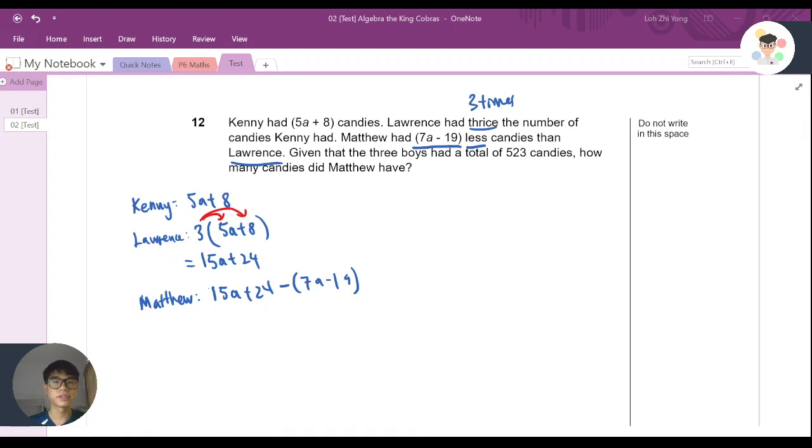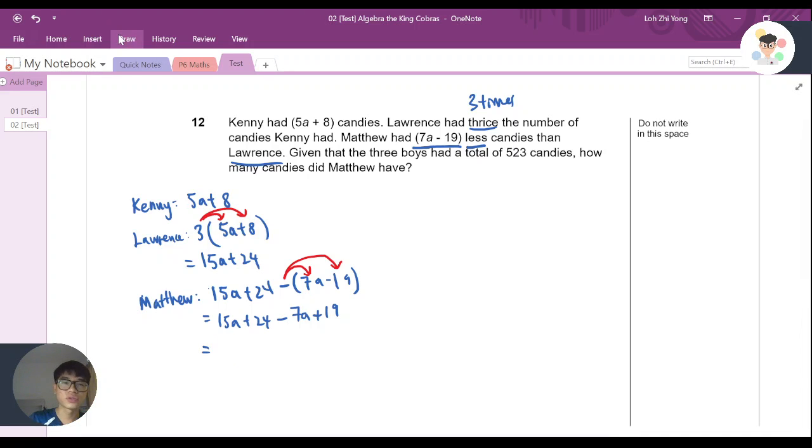But the problem is when you simplify it. A lot of you forget that this minus should go into 7a and go into negative 19, then it should be plus 19 instead. So it should be 15a plus 24 minus 7a, and the key point here again is plus 19, because minus minus is positive.